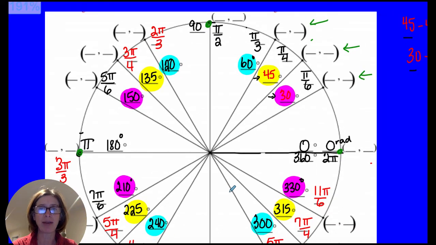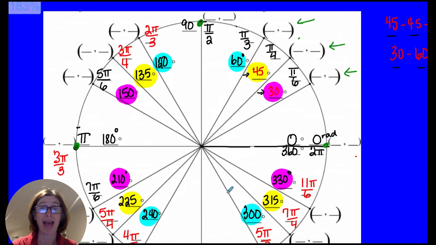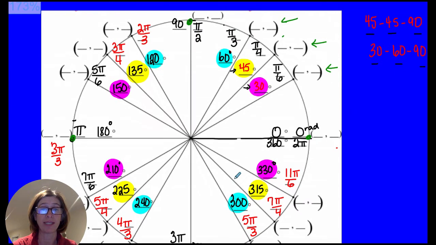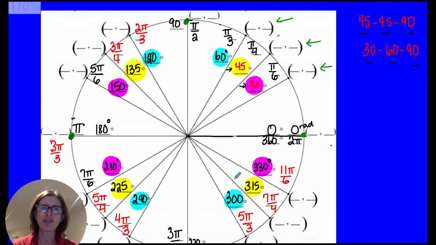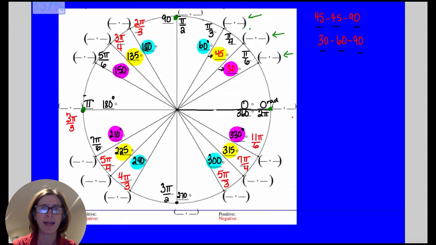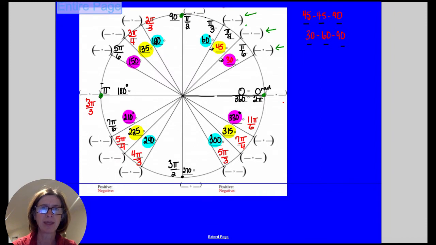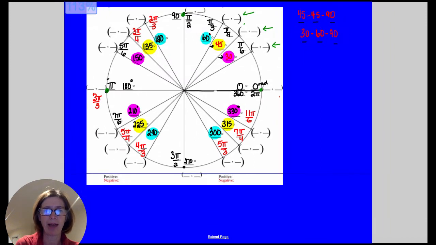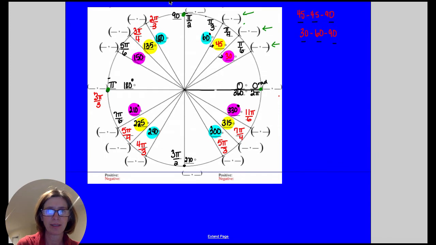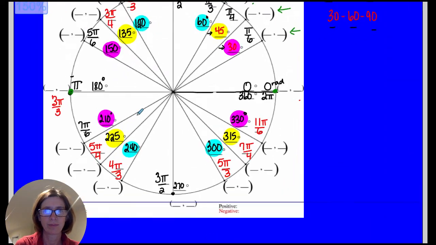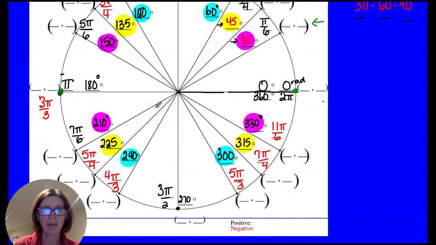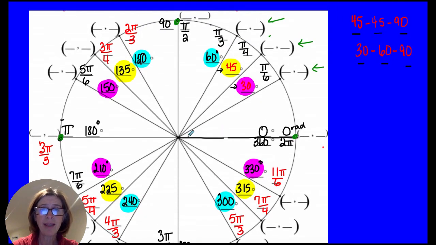So the quadrantal angles, again, are the ones that are right on the axis. Let me make this a little bigger so you can see it. If the circle has a radius of 1, well then this length is 1, so this coordinate point would be 1, 0.